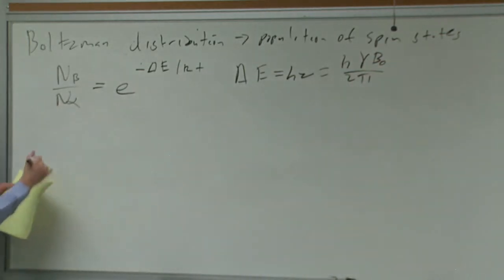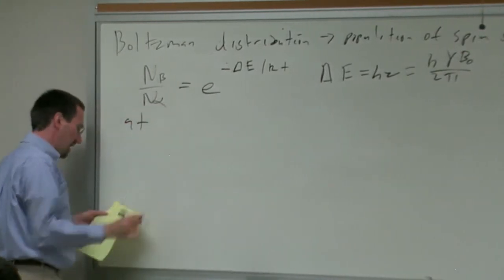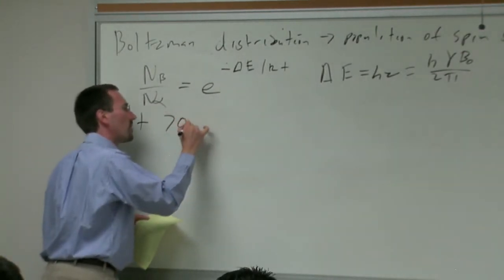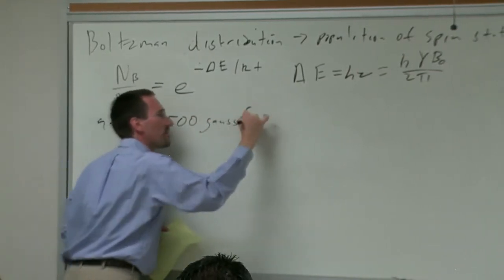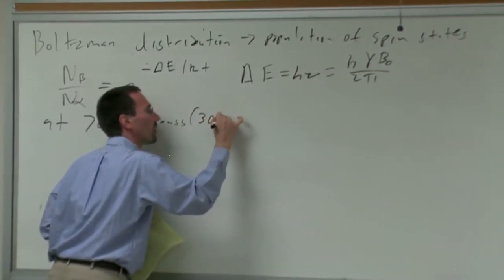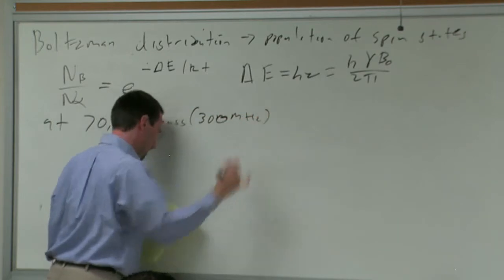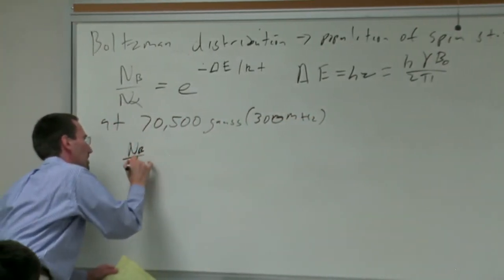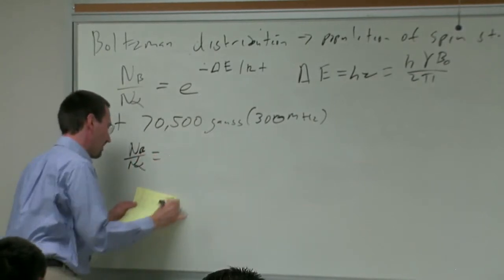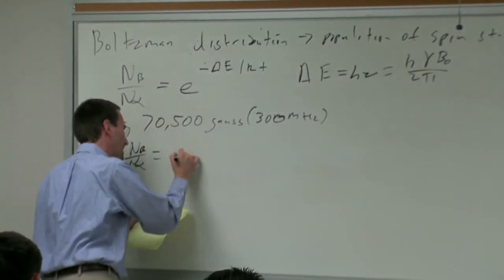And then we say, OK, let's just take 70,500 Gauss. That's our 300 megahertz.